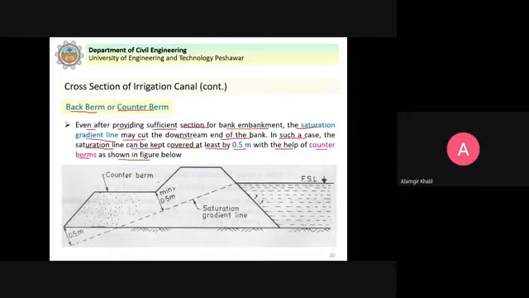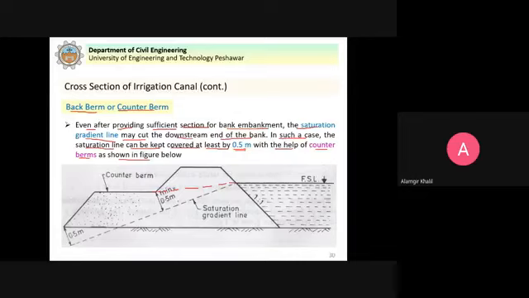Now, even after we provide sufficient section for the bank embankment, it may still be possible that this saturation line can cut the sides of the bank, but we have to provide minimum 0.5 meter cover.